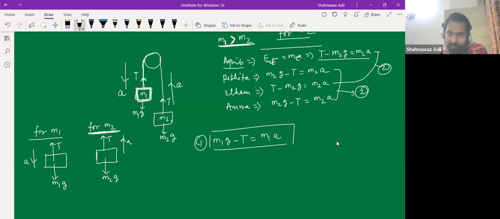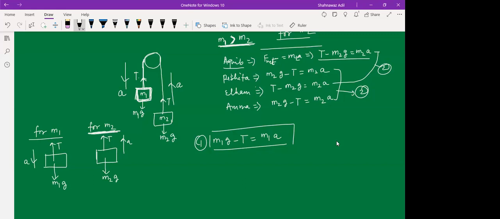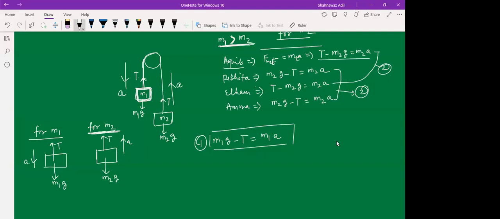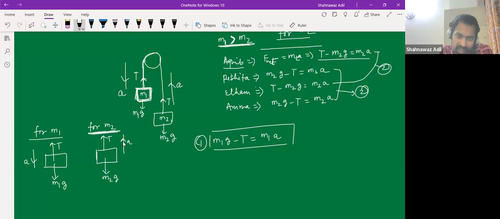What is the reference that you take? Acceleration. Right. Good. So you take the reference of acceleration. Whatever is in the direction of acceleration, you take as positive. That is the sign convention, right, guys?